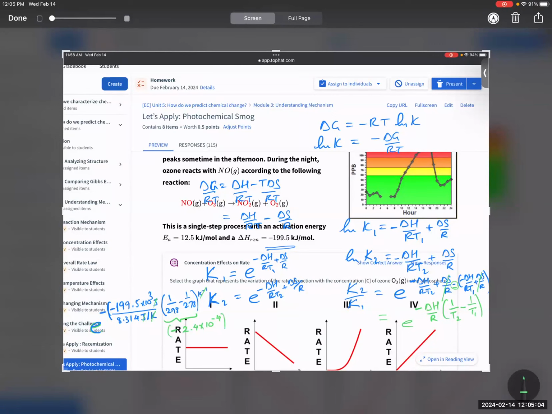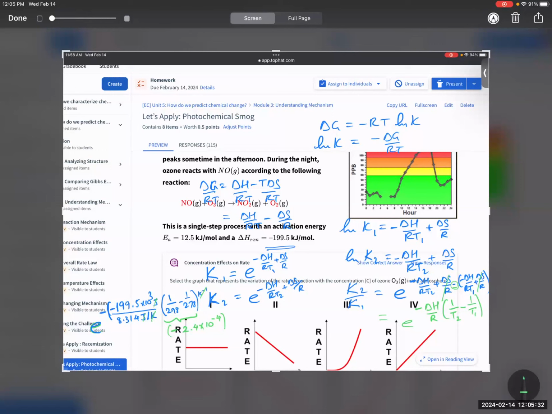Then we are multiplying another negative number, minus 199.5 times 10 to the power of 3, and then divide that by 8.314.